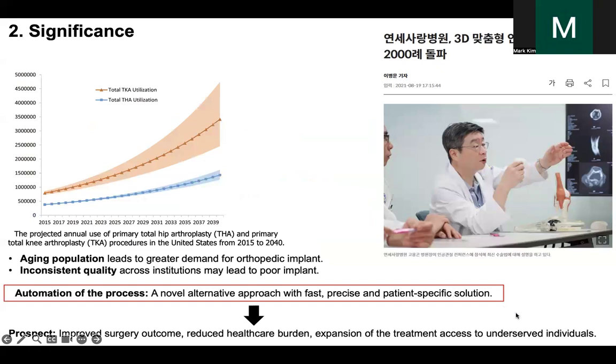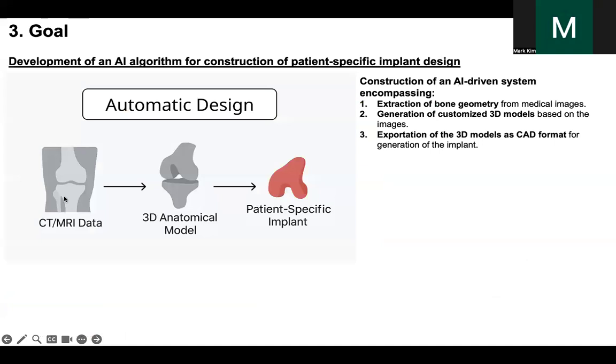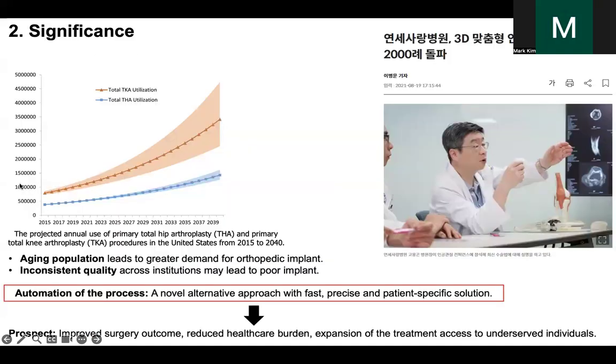Next, I will talk about the significance of this study. As the population is aging, there is a greater demand for orthopedic patient implants. However, the inconsistent quality of the implant across institutions and hospitals may lead to poor implant.